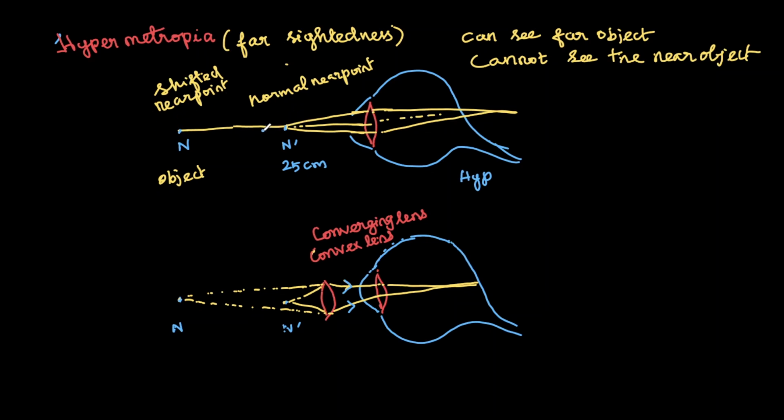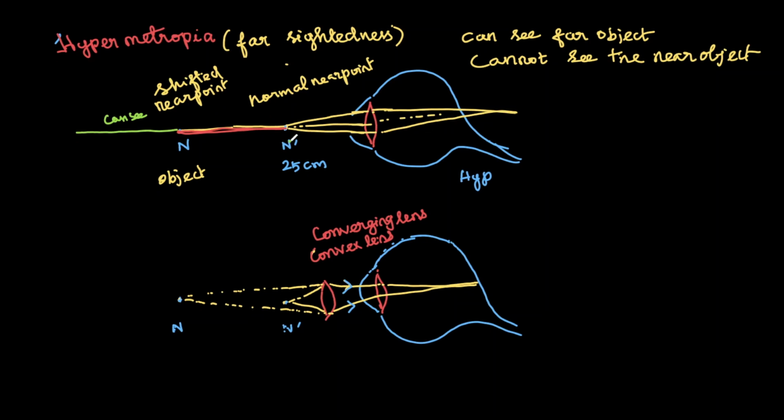So the person is not able to see things which are nearby. Whatever object is in this red colored area, the hypermetropic person is not able to see, but this side they can see because the near point is shifted.